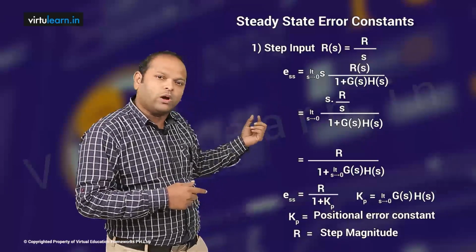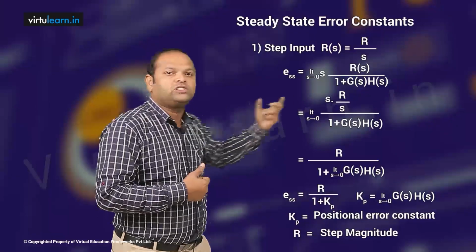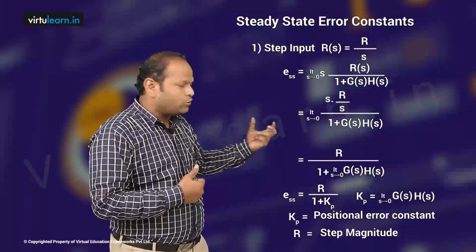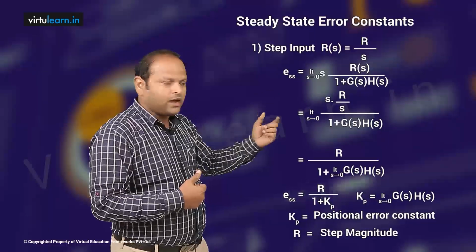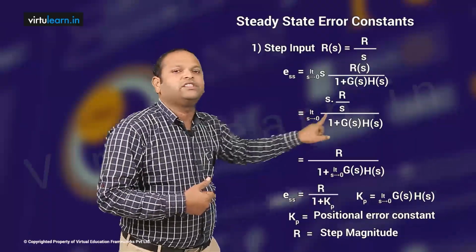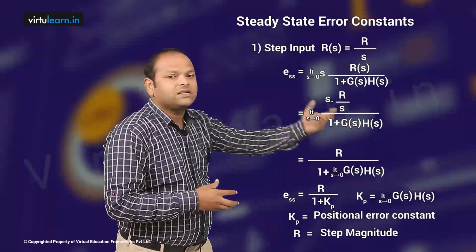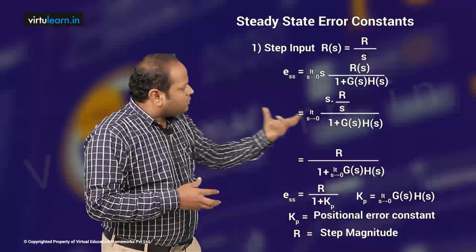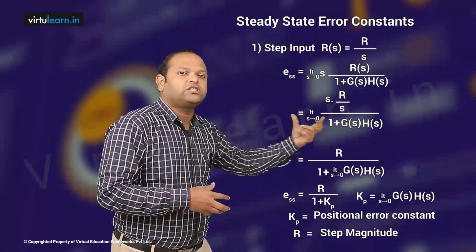Similarly, in the denominator 1 is a constant, so we can only apply the limit to the GH of s function. If you do that, I can write ESS is equal to R divided by 1 plus limit s tends to 0 of GH of s.